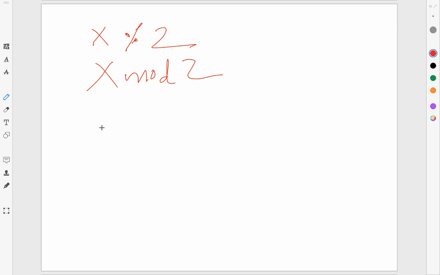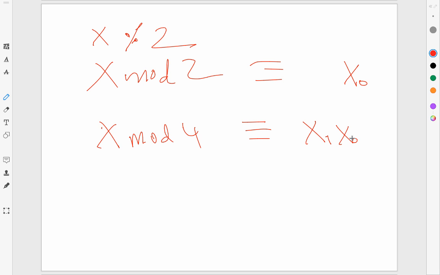So this is going to be equal to the number represented by x1, x0. X mod 4 is the number represented by x1, x0, and so on and so forth. So I've already solved the unsigned part for you if you just think a little bit more.